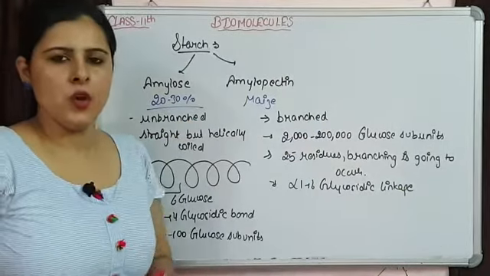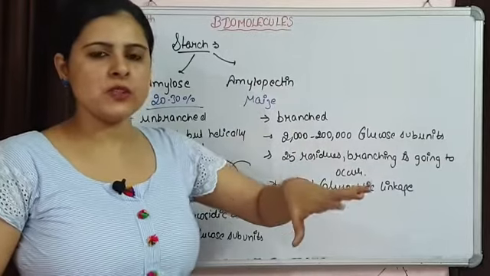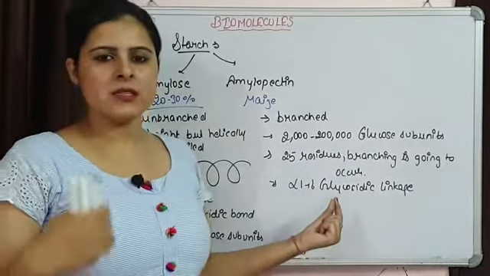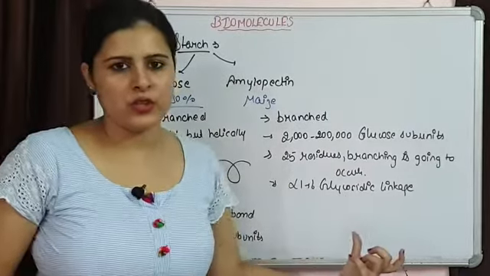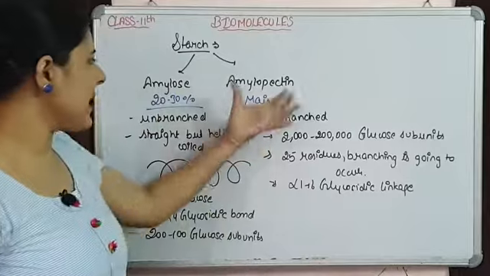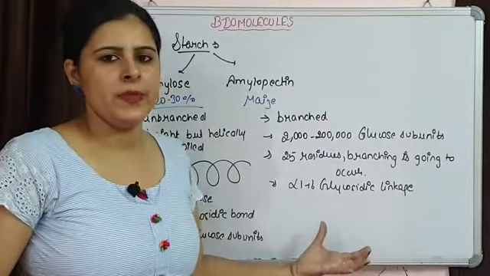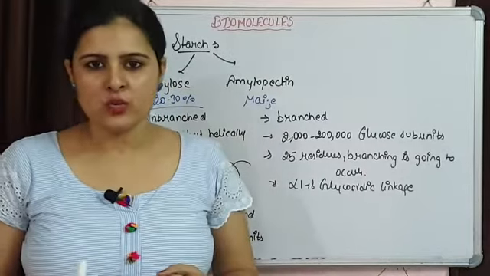That means the first carbon of the previous glucose unit is involved, and the sixth carbon of the next is involved in bond formation. So this is how amylose and amylopectin, which is highly branched, combine together and make a starch molecule.